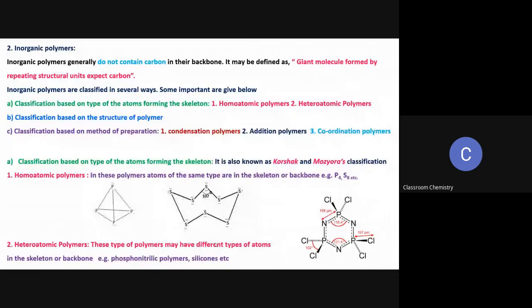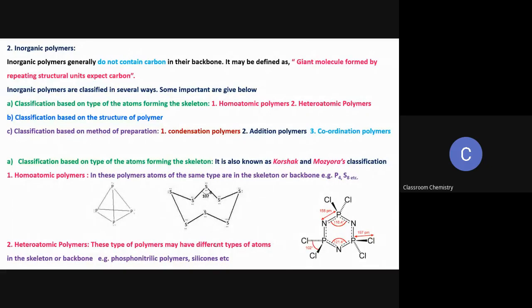So like organic polymers, inorganic polymers are also classified in different ways. First classification is based on the type of atoms forming the skeleton: homoatomic polymers or heteroatomic polymers.